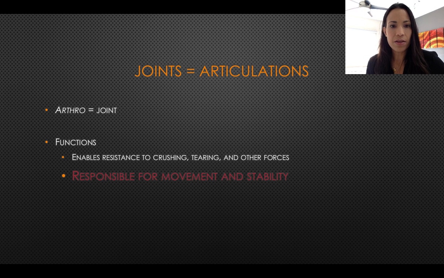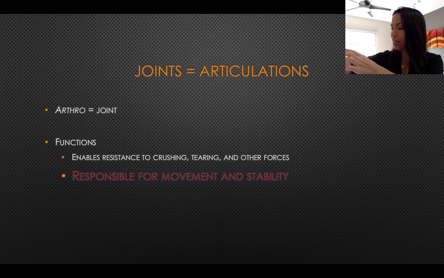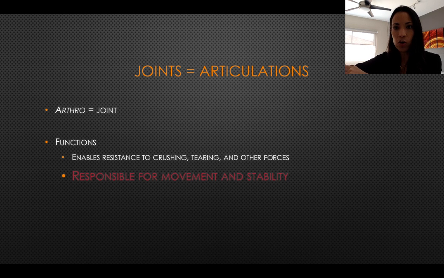And think about it. What are bones? Bones are rigid structures. We cannot bend, we cannot move. But when we put two or more bones together and we form a joint, like for example in your elbow, we're putting together the humerus, the radius, and the ulna.